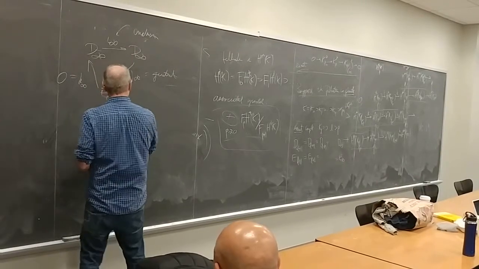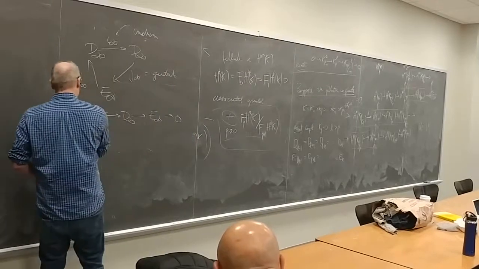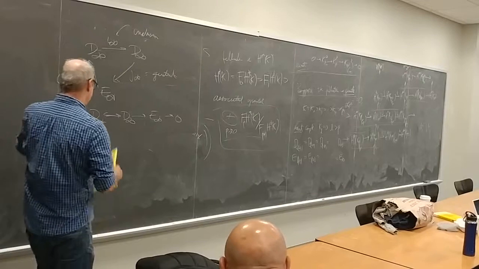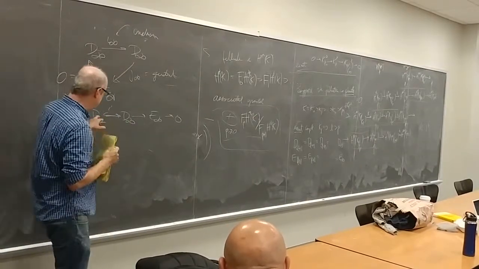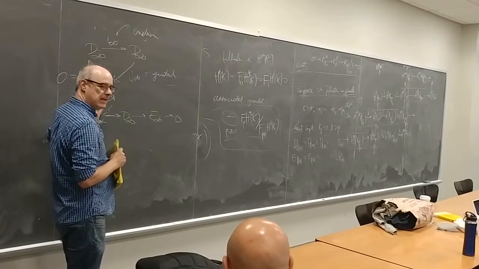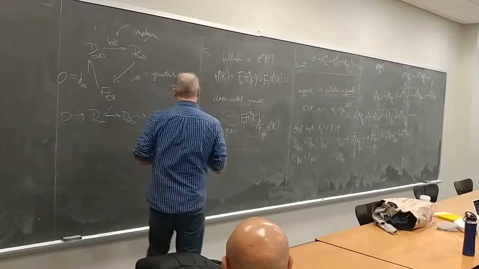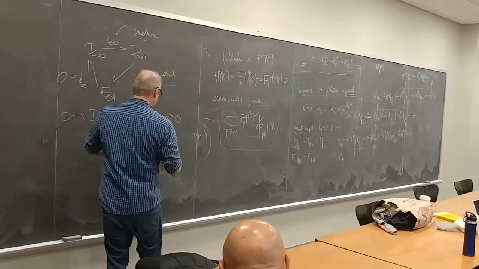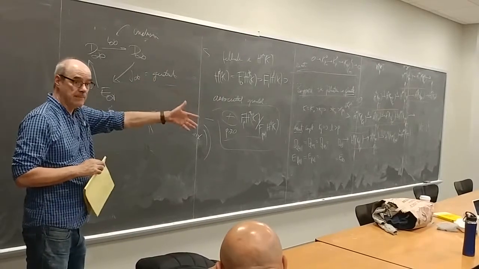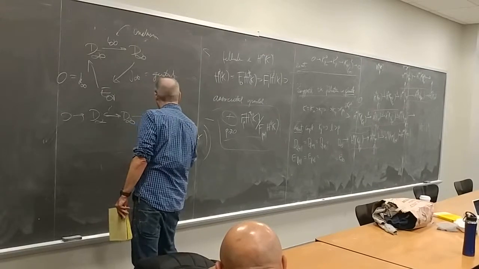D infinity includes into D infinity, and E infinity is the quotient. And then, if you inspect it a little bit more, you'll see that when you take the quotient of D infinity by D infinity under this inclusion, you're just getting this. So in fact, these E infinity groups, which are what you end up with after a finite number of steps, because the filtration was finite, are in fact just the associated graded.